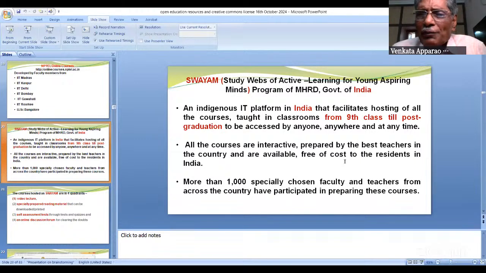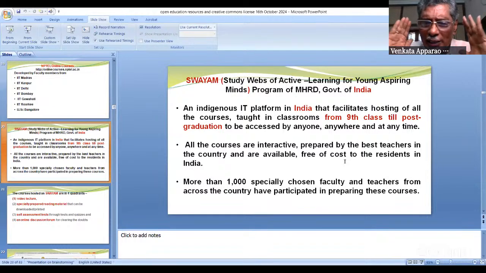This is the program of Government of India. SWAYAM is an indigenous IT platform that facilitates hosting of the online courses taught in classrooms starting from 9th class till post-graduation. Starting from 9th class till post-graduation, you have courses available in the SWAYAM portal.